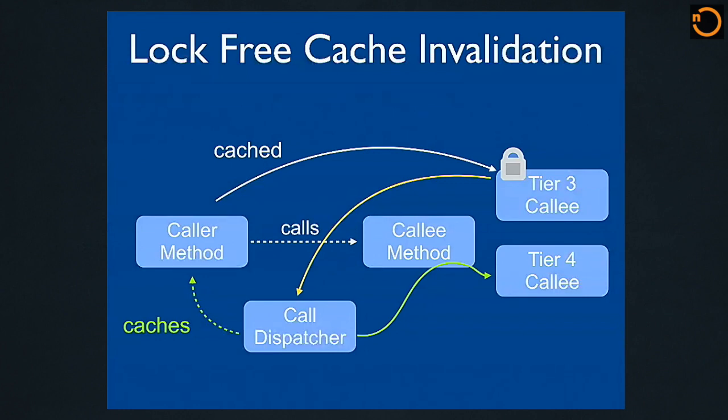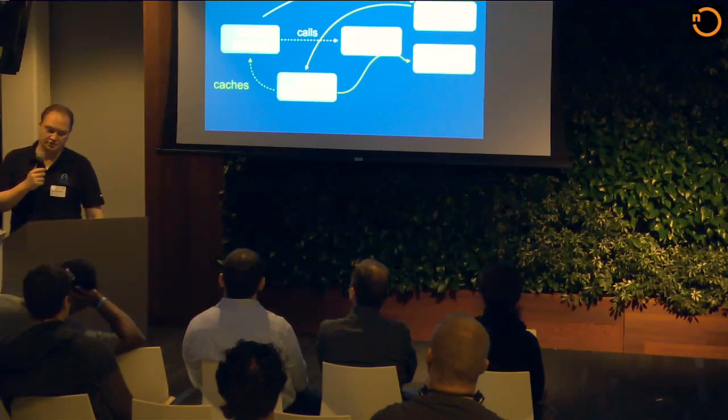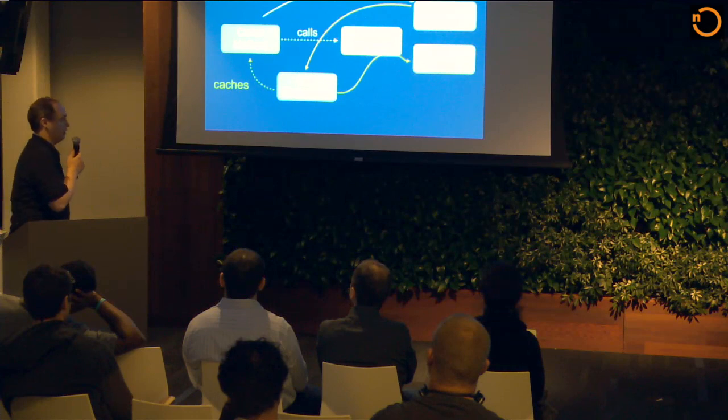But we don't want to have to stop the world, take a big lock to do that. So we atomically block access at a hardware level with a single update at the beginning of this, so that the new call will be forced to go back to the call dispatcher, and then the call dispatcher will reroute through the method and find that there is a new, better compile. So the transition doesn't actually incur a stop the world pause.